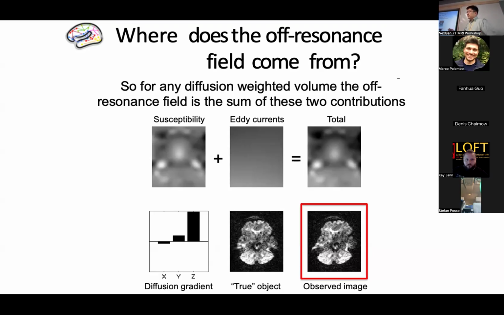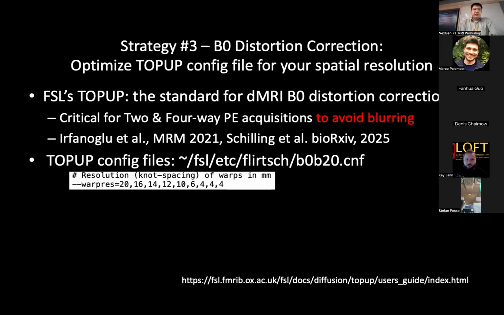You want to correct for B0 effects with top-up, and then correct for the eddy current distortions with an eddy current correction method, which FSL provides both. Strategy number 3 that I'm trying to advocate for is to optimize your top-up config file for the spatial resolution you're acquiring.